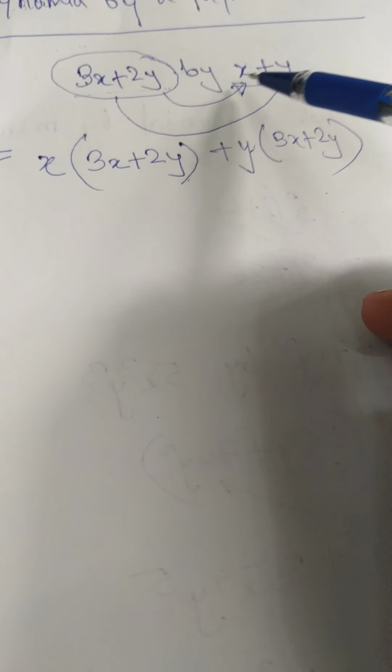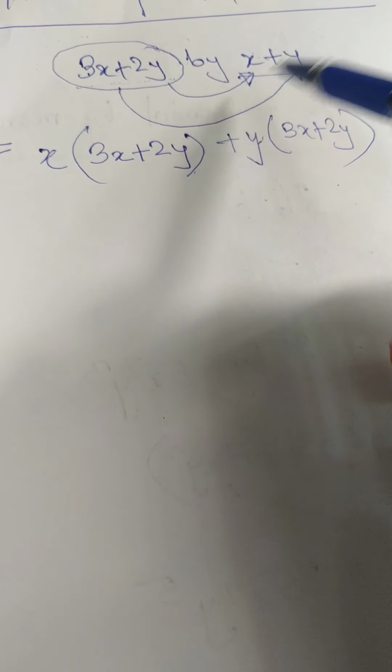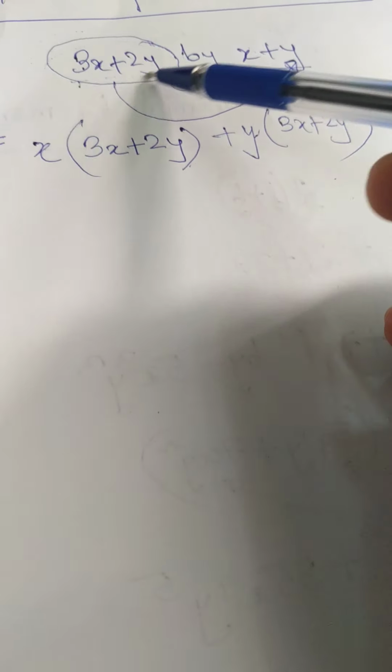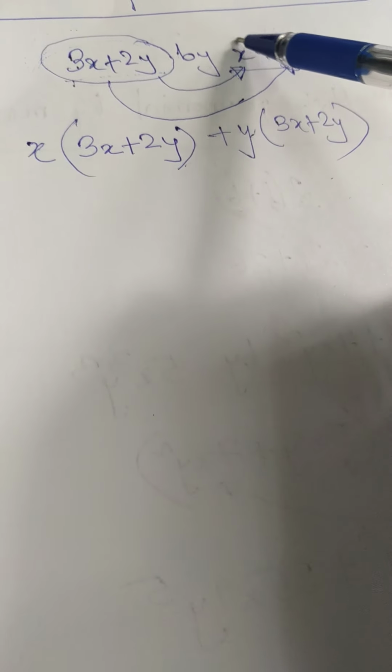Got it? So although these are two polynomials, we can consider any one of the polynomials as a single monomial. First we multiply the whole polynomial with one of the terms of the other polynomial, that is with x.